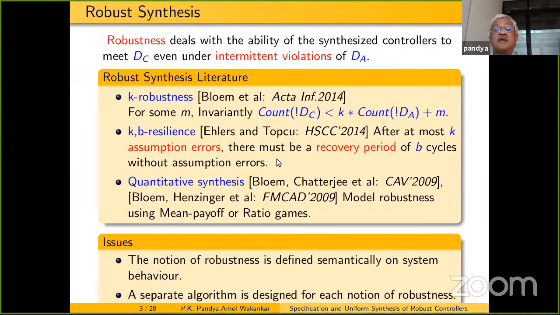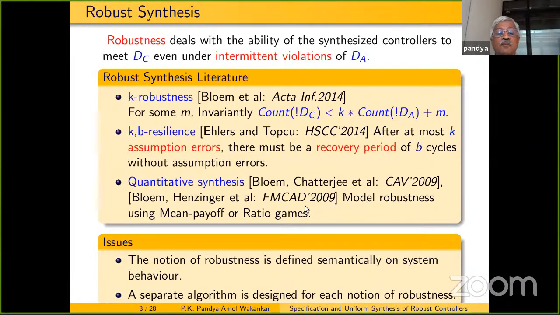This was called the KB resilience. And it's quite popular. Then there are other quantitative synthesis techniques where you assign rewards and punishments to assumption violations and commitment violations, and then you play some quantitative objectives you have, like mean payoff or ratio gains, and you can try to synthesize controllers to meet these quantitative objectives.